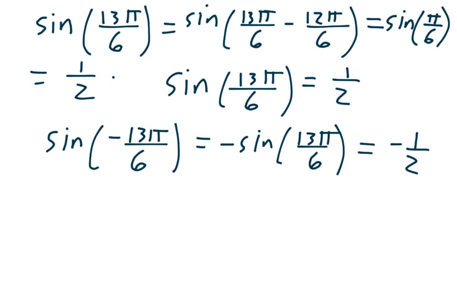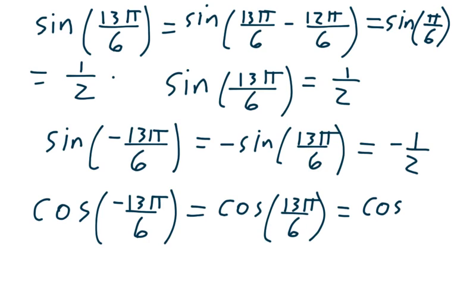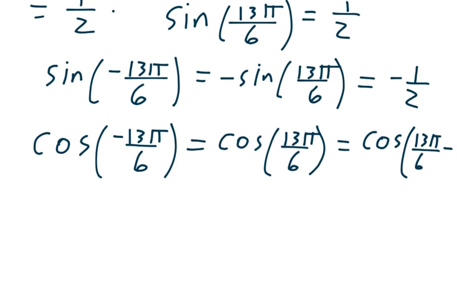Now, what about cosine? Remember, we had to do sine and cosine of negative 13 pi over 6. Well, cosine of negative 13 pi over 6, if you remember, cosine is even, so this is just cosine of 13 pi over 6. And cosine is 2 pi periodic, just like sine. So using the calculations above, this is not going to fit, so let me just erase this. We'll do this instead.